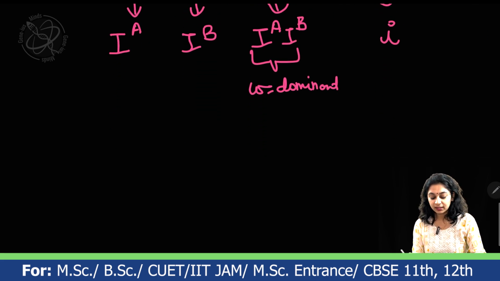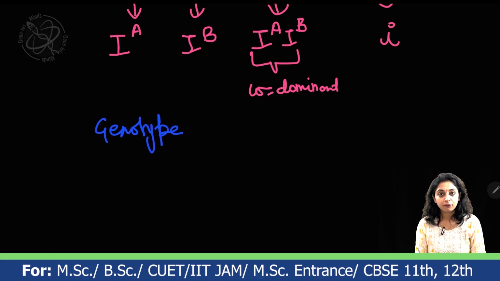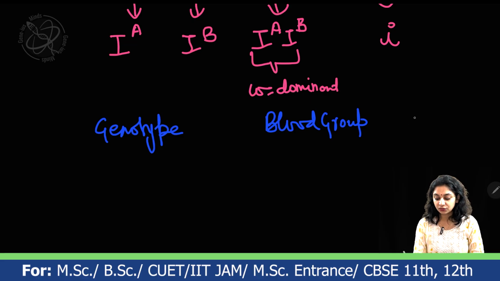Now I will make a table where we are going to mention the genotype of an individual, the blood group, and also the different alleles we can generate.